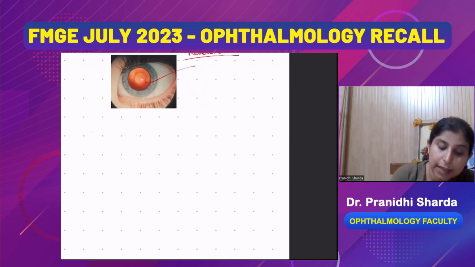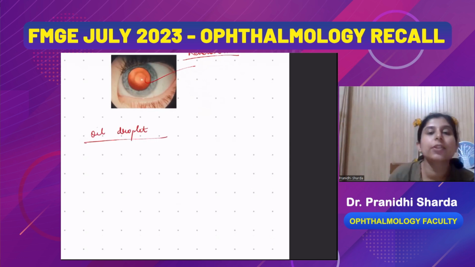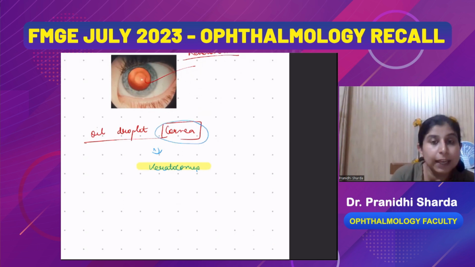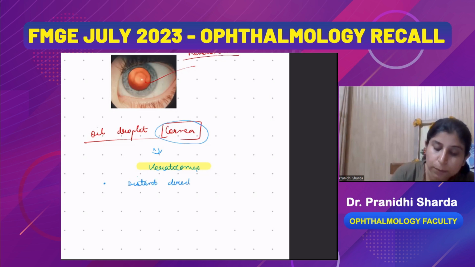Now there is another sign which we should revise, that is the oil droplet sign in cornea. That is seen in keratoconus. I hope everybody remembers keratoconus. One thing important again, it is seen in cornea.